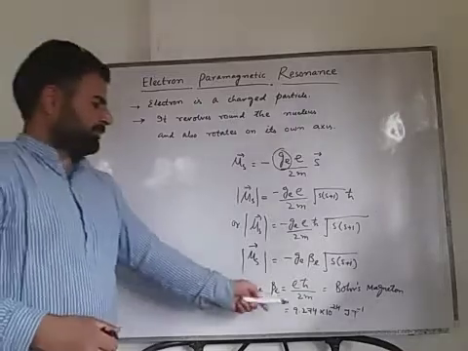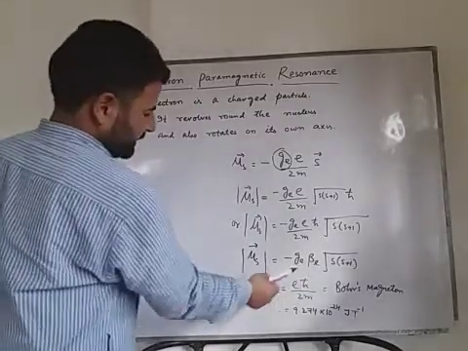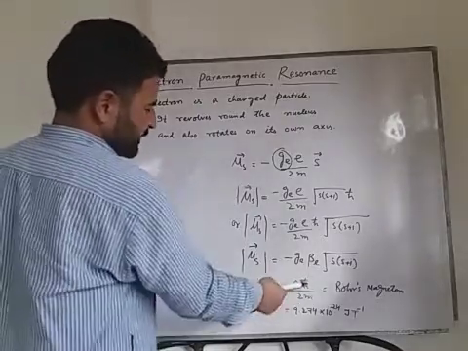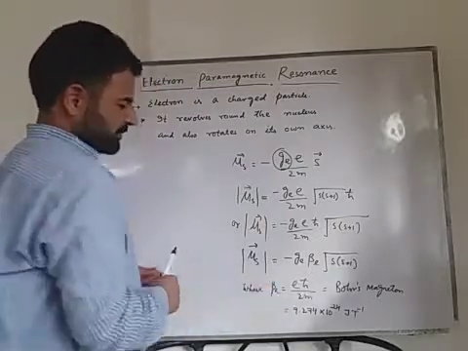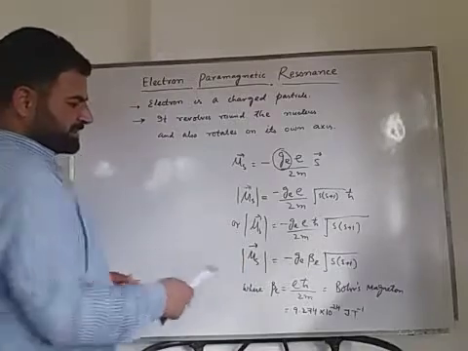This is the value for Bohr magneton, and it is a constant. As we know, h cross is h by 2 pi, it is a constant, electronic charge is constant, mass of electron is constant, so as a total it is a constant, and it's called Bohr's magneton.